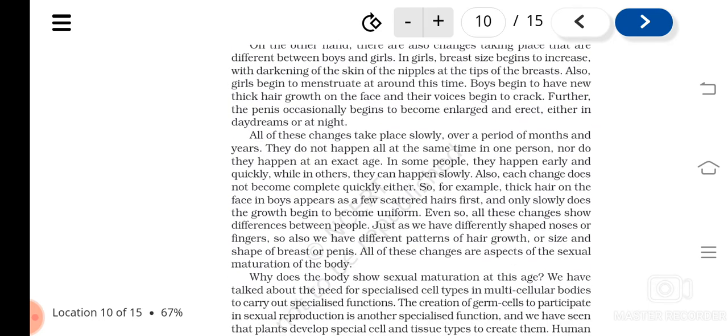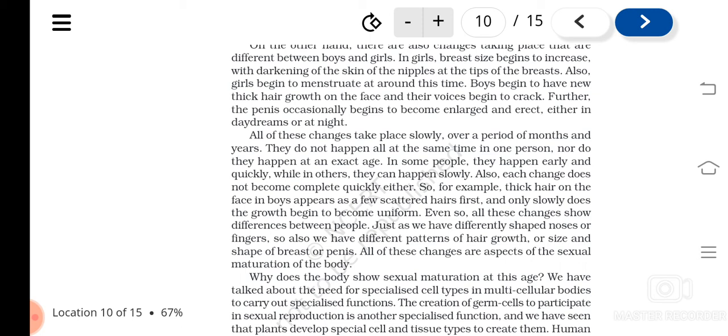Understood? These changes may not take place very fast. It may take years to complete. In some people they happen very early and quickly, and in others very slowly.